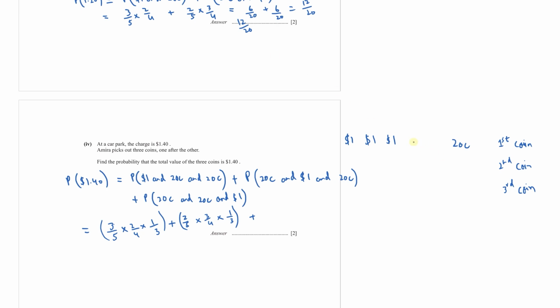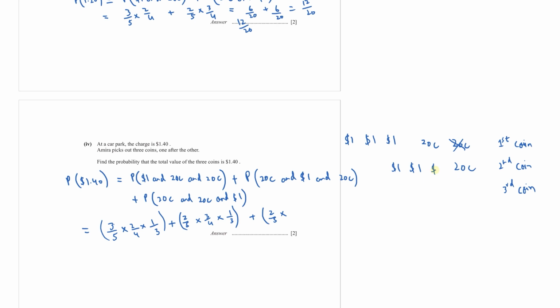So now you're again starting from the beginning. You have two 20-cent coins and three $1 coins. What is the probability you get 20 cent in the first try? It is 2 over 5. So you pick 20 cent, you can cancel out any of the 20-cent coins, and then you're left with this. What is the probability that you get 20 cent as the second coin?